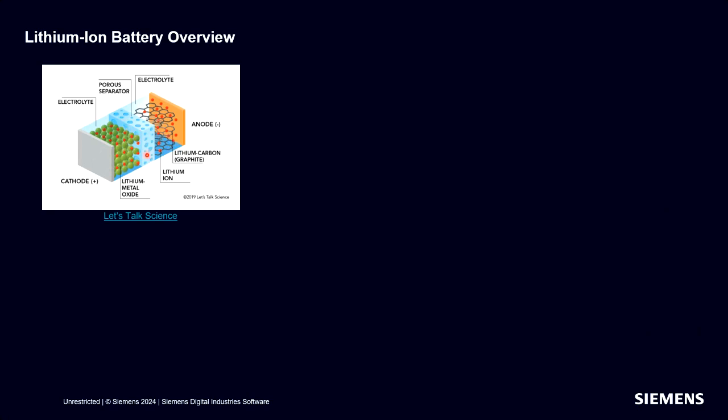Then you have the porous separator, which is permeable only to lithium ions, not electrons. And then you have the cathode, in this case lithium metal oxide. The active material is also porous, and within the active material of both the anode and the cathode, you have an electrolyte. And then, of course, you have the cathode current collector.